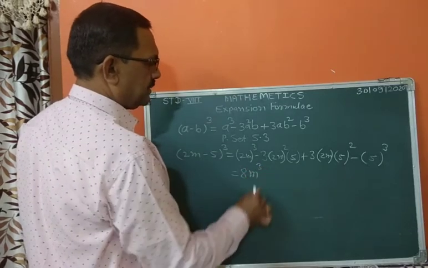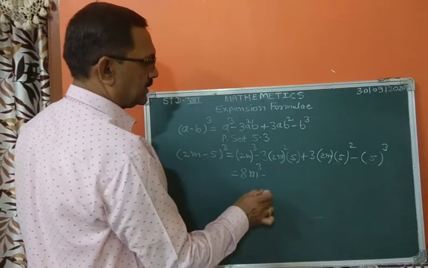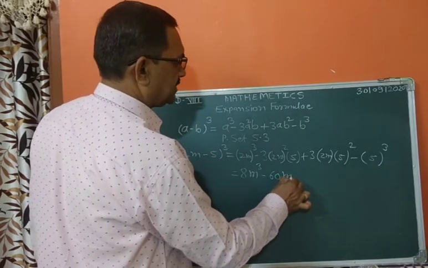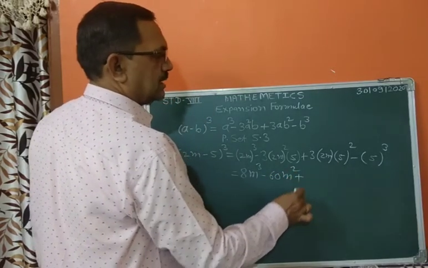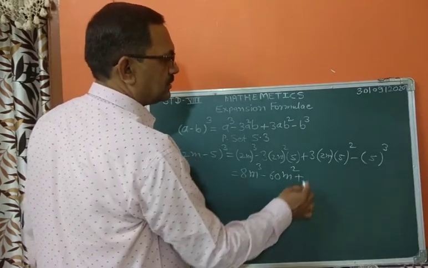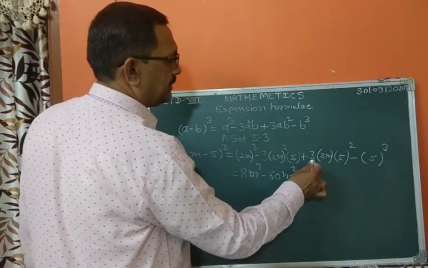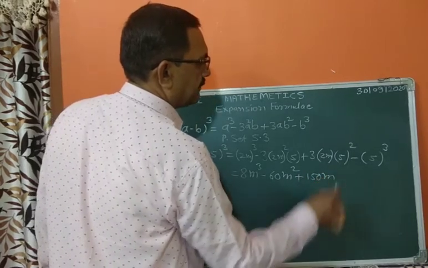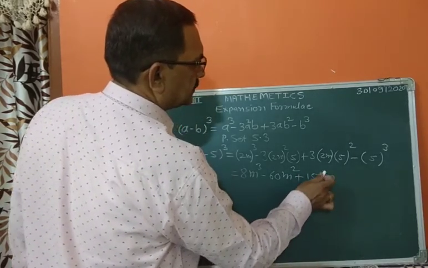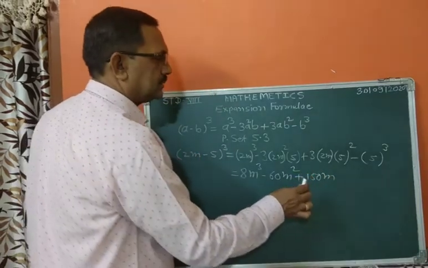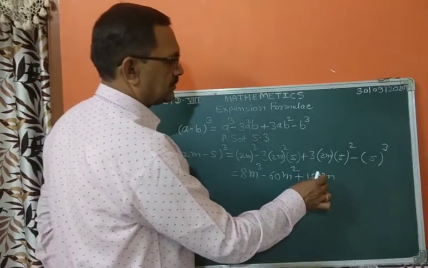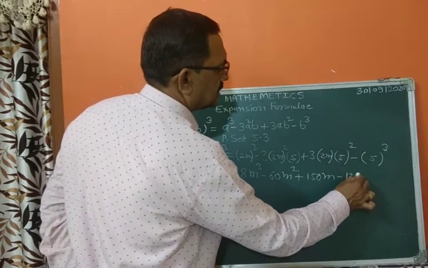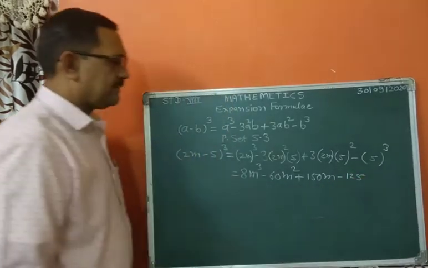8m³ minus 60m² plus 25 into 2, 50, into 3, 150, and minus 125.